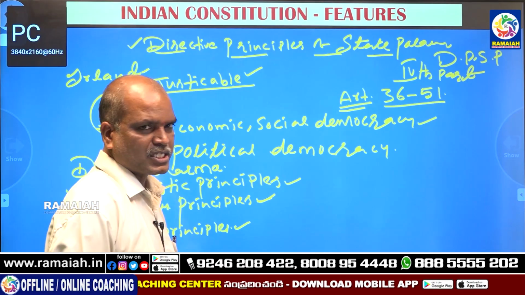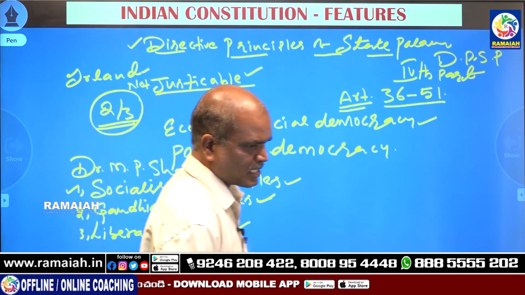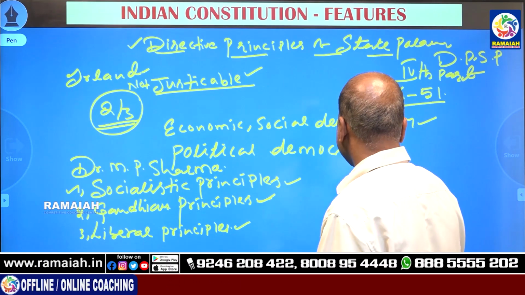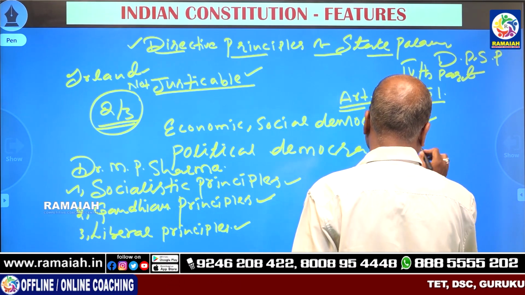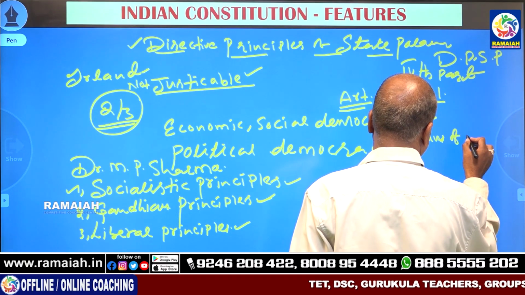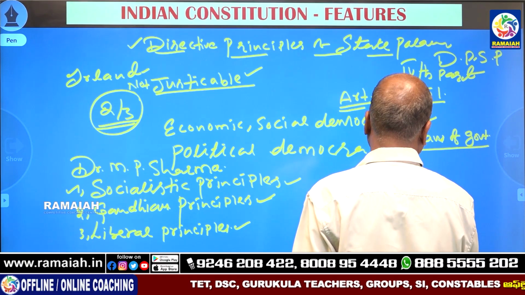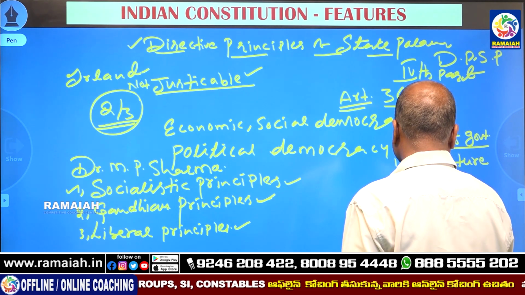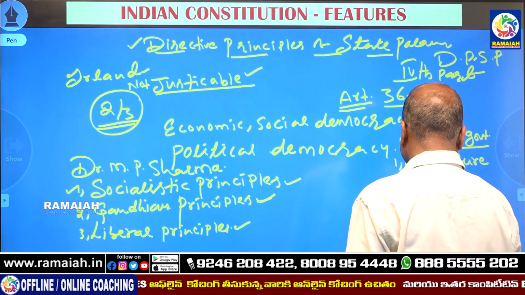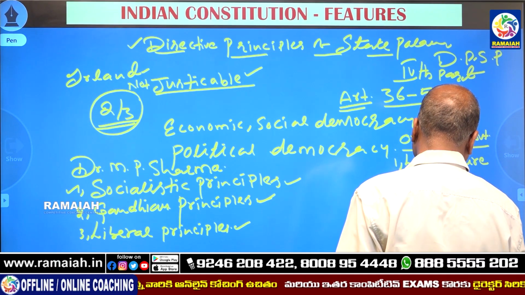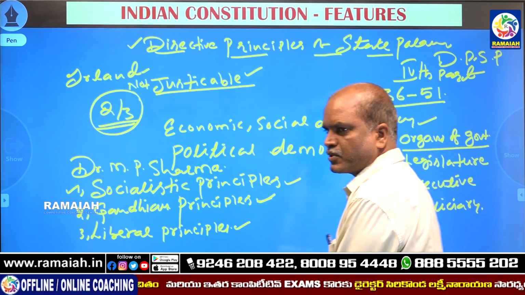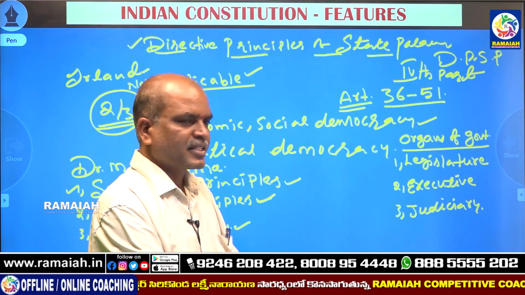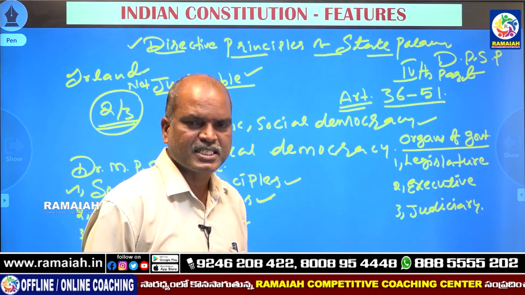And liberal principles example. What are they? One is executive organization. There are three organs of government: first legislature, second executive, third judiciary. We already discussed it.